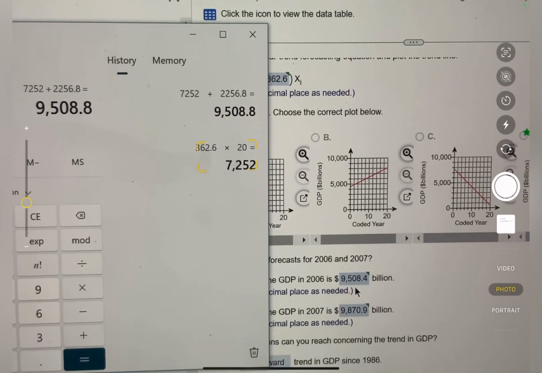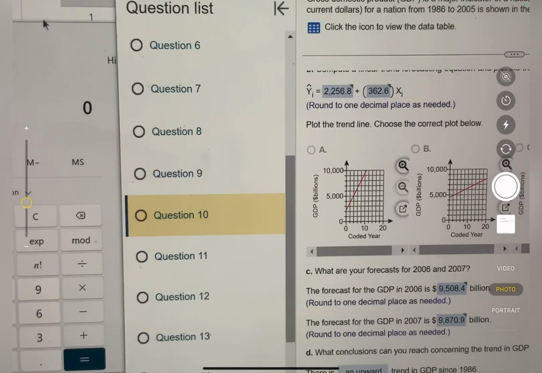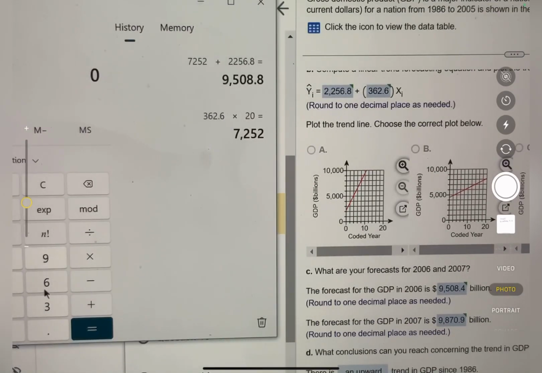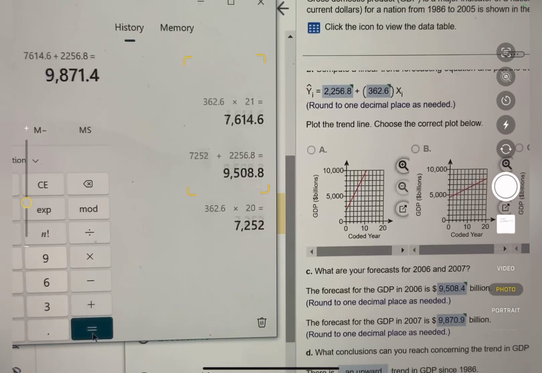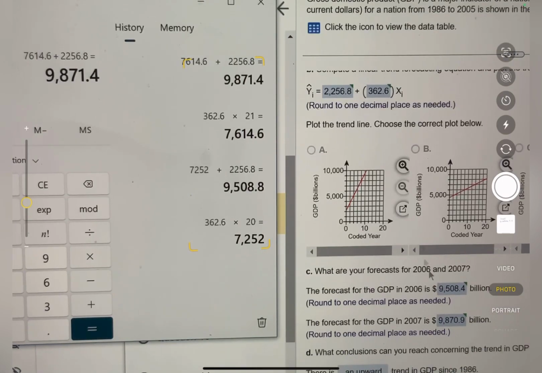Right? And the same way for 2007. So you can do it. So if it's 20, then it's going to be 21. Right? So 362.6 times 21 equal this much, and then plus 2,256.8, and we are getting 9,870.